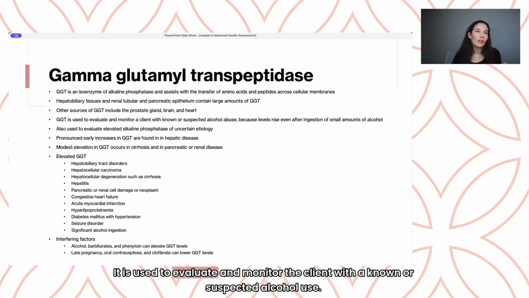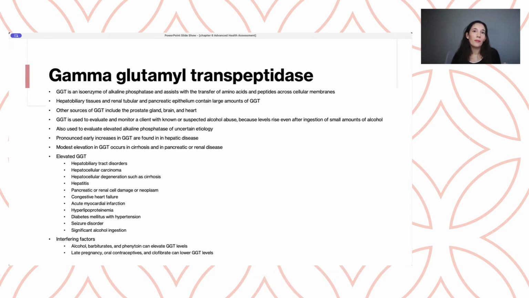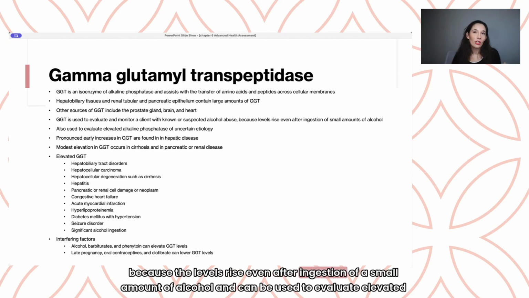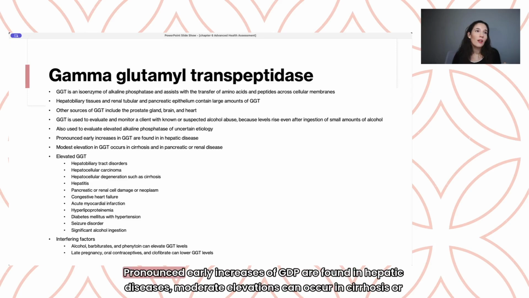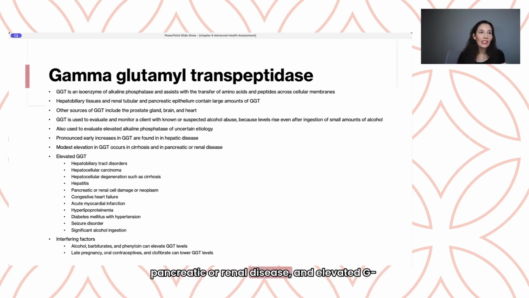It is used to evaluate and monitor the client with a known or suspected alcohol use, because levels rise even after ingestion of a small amount of alcohol, and can be used to evaluate elevated alkaline phosphatase of uncertain etiology. Pronounced early increases of GGT are found in hepatic diseases. Moderate elevations can occur in cirrhosis or pancreatic or renal disease.